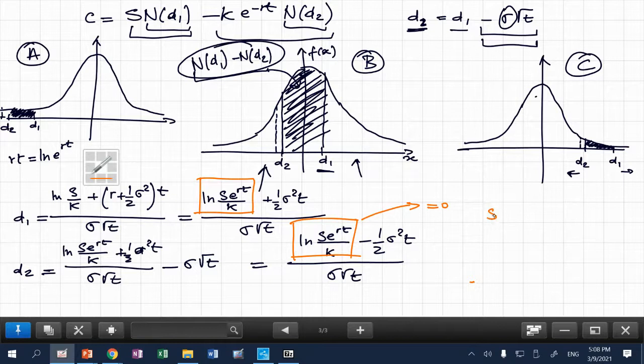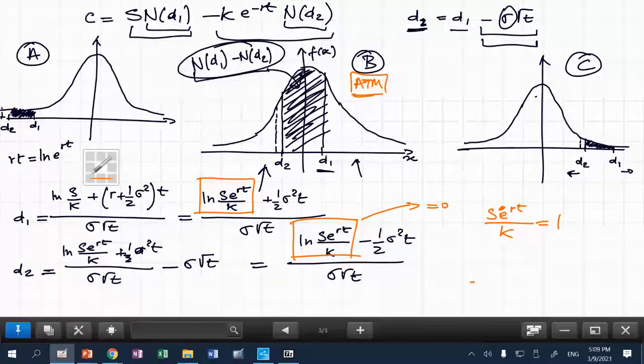Which means the case in which the forward price divided by K is equal to 1. So when the option is at the money forward. So the intuition is that when the option is at the money, you are precisely in this case in which a change in volatility is going to have a much wider effect on the option price.